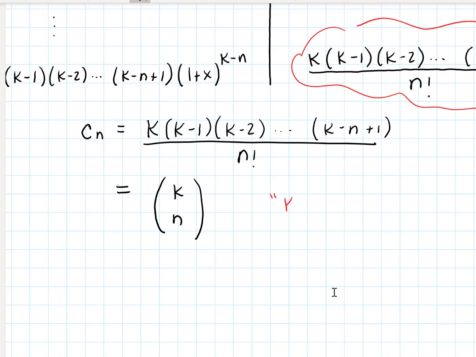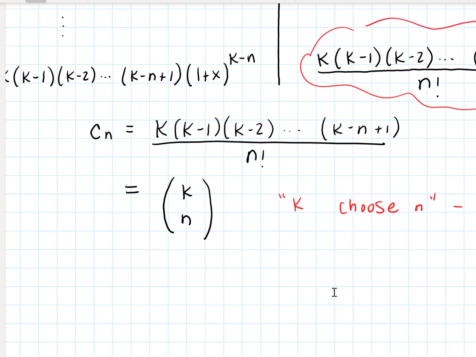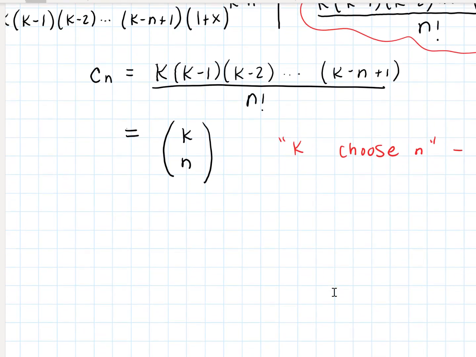That comes from its connection to probability and combinatorics, but it is nice shorthand for this exact expression. That is also equal to, we could also write that as a ratio of a couple factorials, k factorial over n factorial times k minus n factorial.